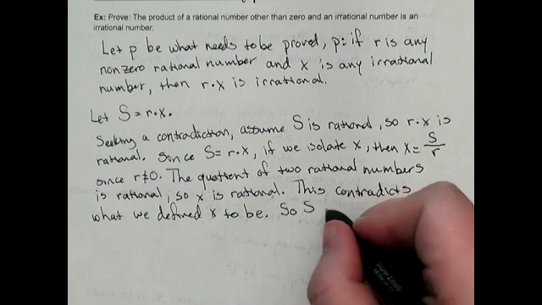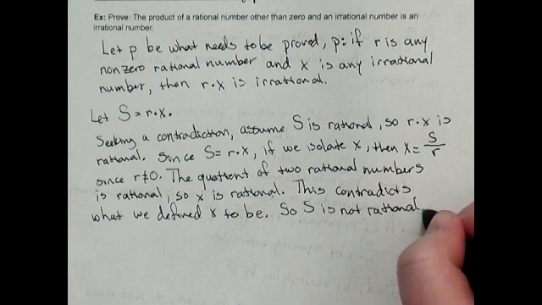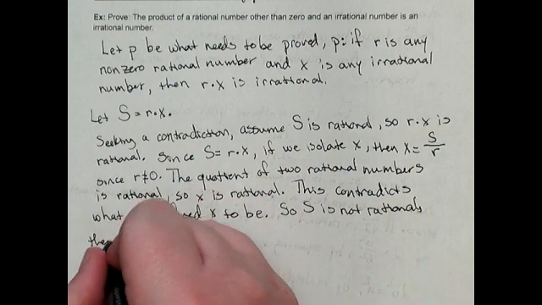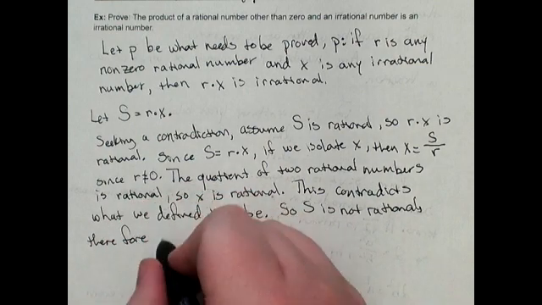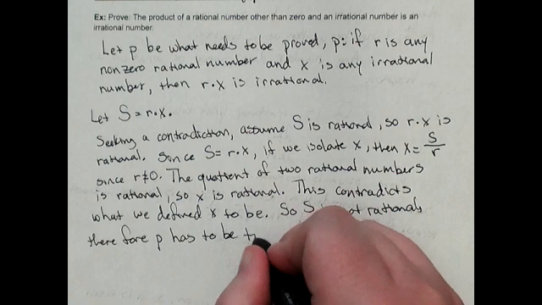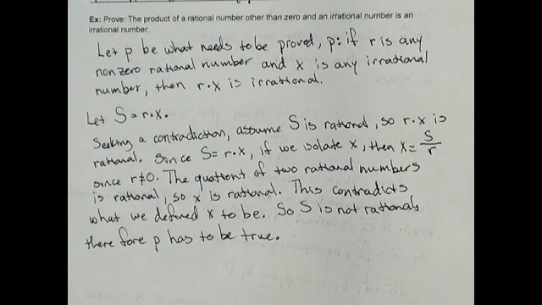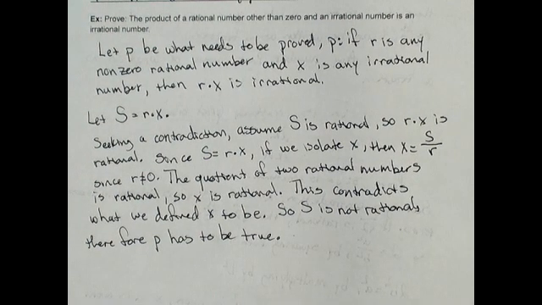So s is not rational. Therefore, P has to be true. Meaning that if we multiply an irrational number like the square root of 2 by a rational number like 1/2, we're going to get an irrational number back. We will not get a number that can be written as a fraction in simplest terms.